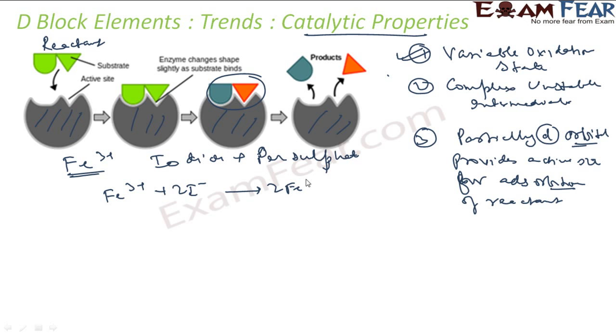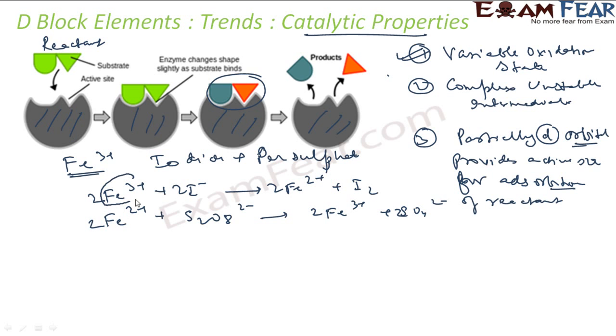The iron is reduced, variable oxidation state, and this reduced iron reacts with persulfate and gives back Fe3+, and you get SO4 2-. So you started with Fe3+ and you get back Fe3+. Thus Fe3+ is a catalyst, because it could change its oxidation state easily.